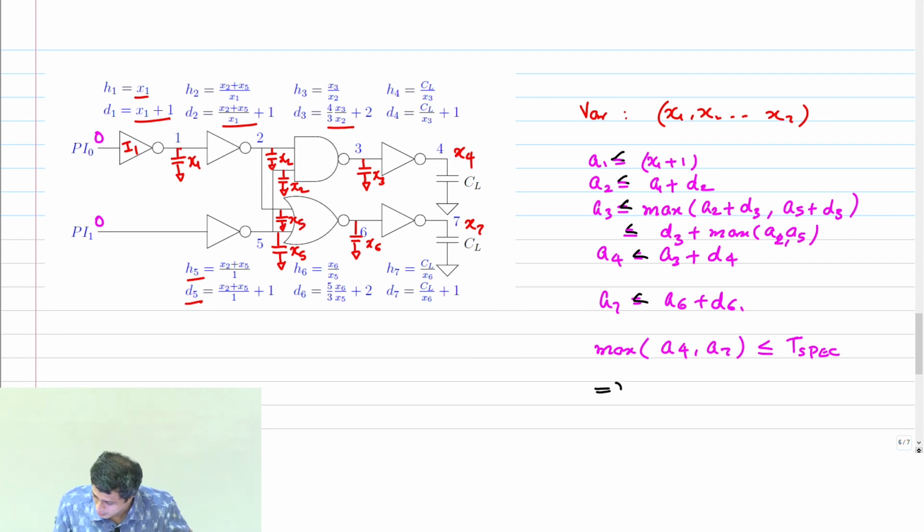This is O of n constraints. Thereby, even if you give me a circuit with 1,000,000 gates, I can solve it in reasonable time because the number of constraints is only O of n. Second, I can guarantee that that's a global optimum. There is no other solution which will give you a better delay or a better area for that given delay.